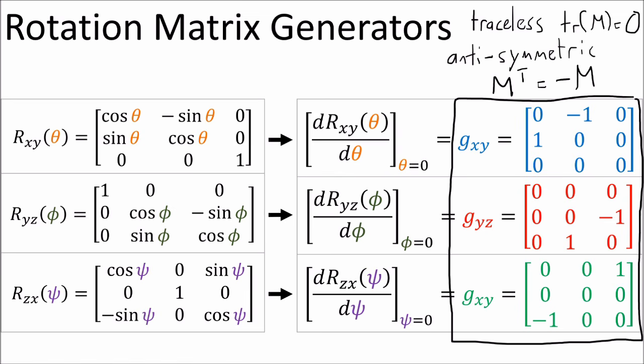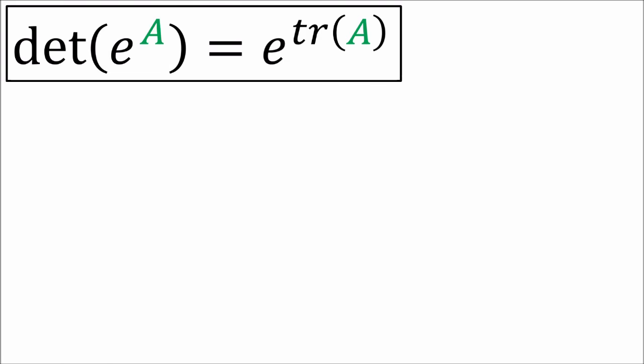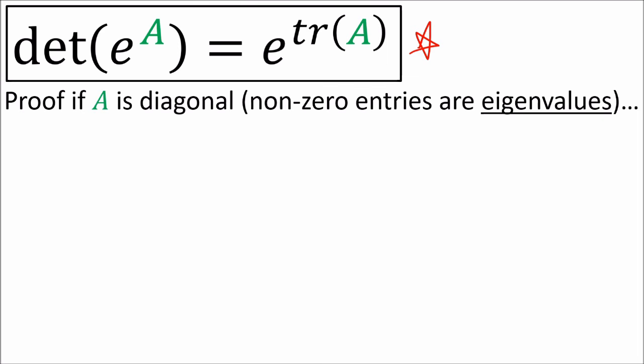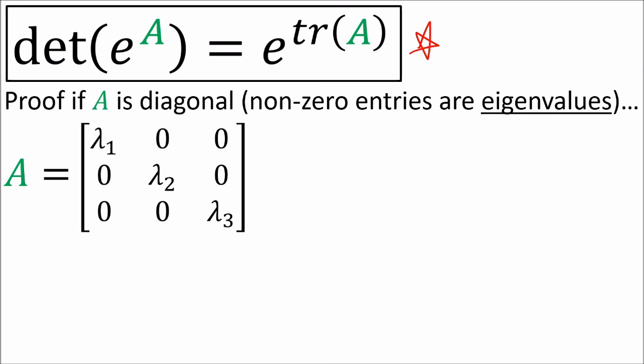We can go ahead and prove this. To prove the traceless property, I'm going to start with this theorem, which says that for a matrix A, the determinant of e to the A is equal to e to the trace of A. This is easy to prove if A is a diagonal matrix, where its eigenvalues are along the diagonal.